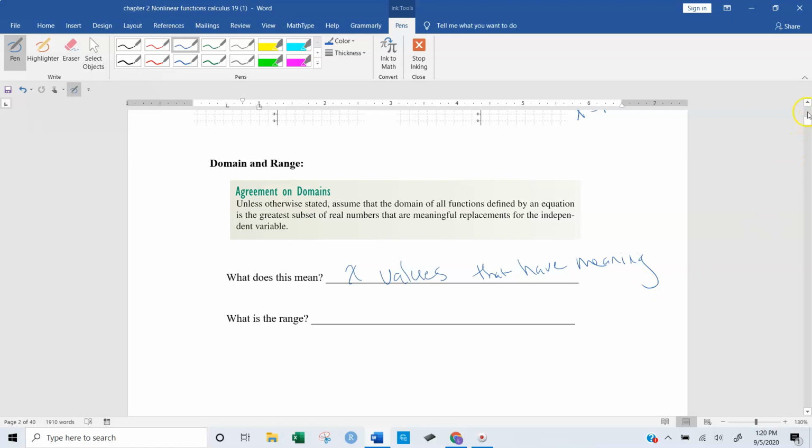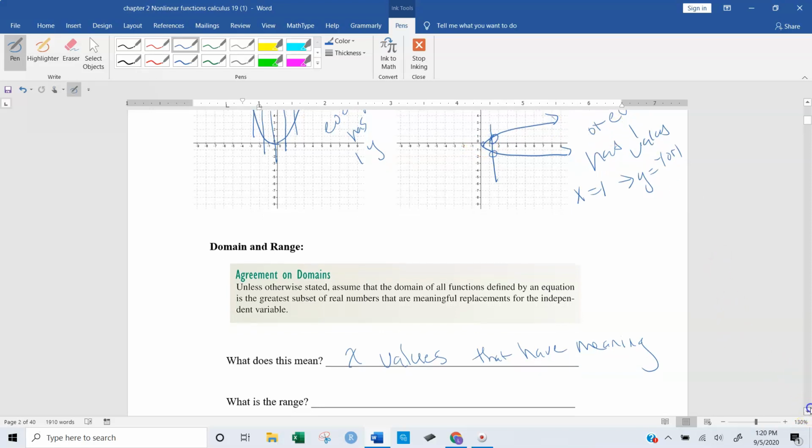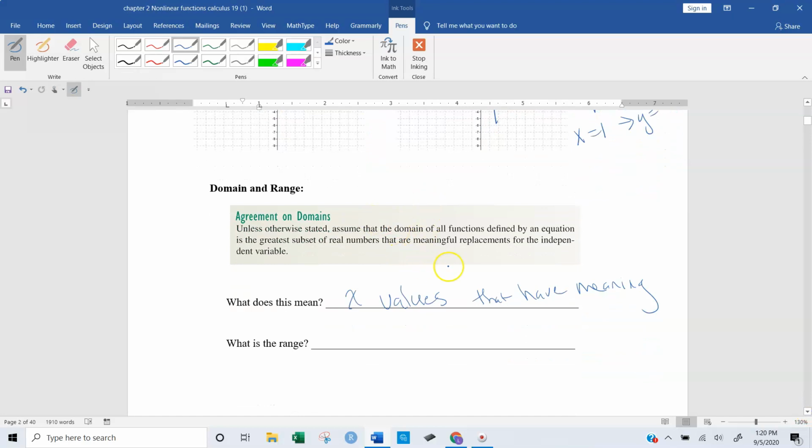An example would be the one we just did with the square root. The x values only have meaning from 0 and above. So your domain is 0 to infinity. The range are the y values that have meaning, or y value, however you would like to state it.